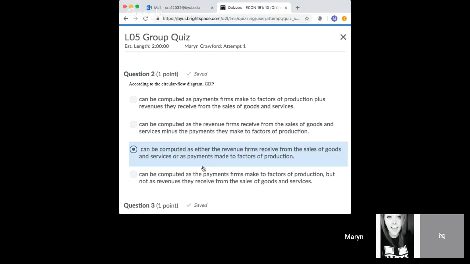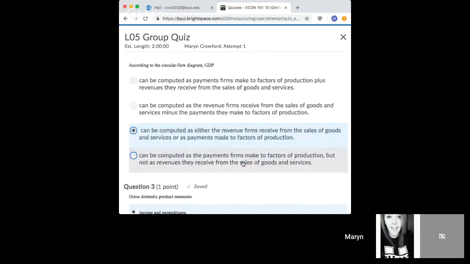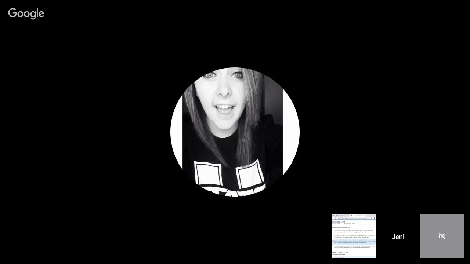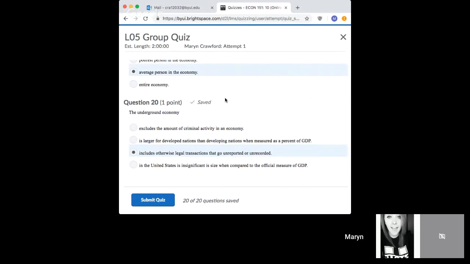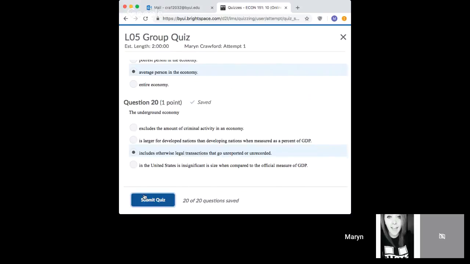Because if it's either or, then they equal each other. Which the book says they always equal each other. There's maybe a tiny statistical difference, but that would be my guess, just because it makes no sense. That's why I was confused when I was going through it, because none of these really sound right to me. But that could still be wrong. I just feel like that one does sound right. Okay, I'm gonna submit it and I'll see what we get.